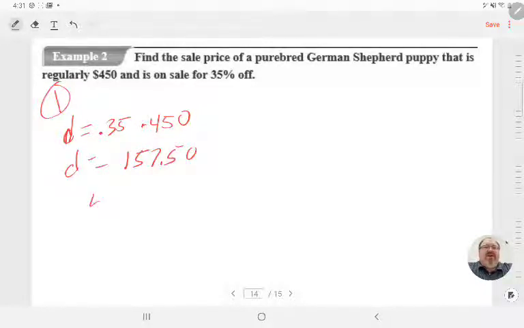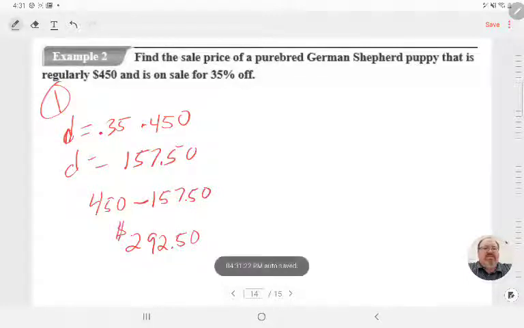And then we would just take the original 450 and subtract $157.50. And that's going to give me $292.50, which is what the German Shepherd puppy is going to cost.